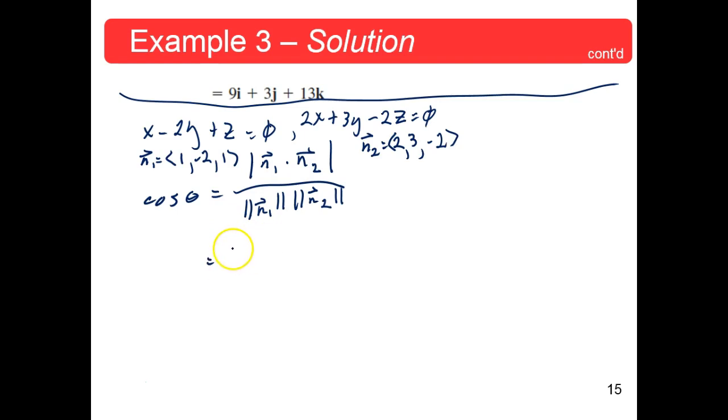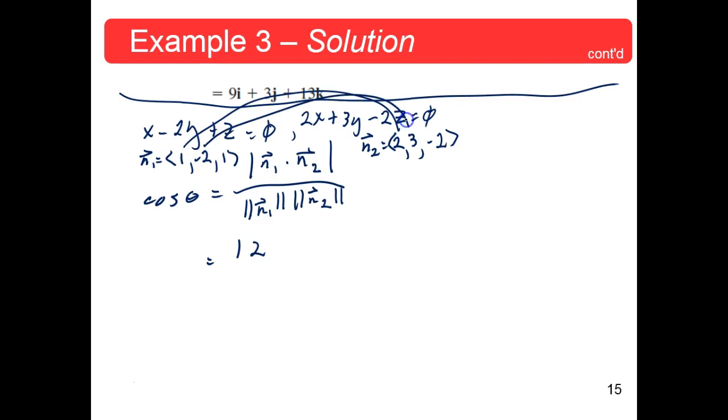What is the dot product of n1 dot n2? That's pretty easy. Dot product, remember that? Long time ago? X component times x component, that would be 2.